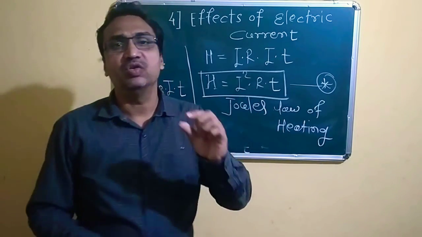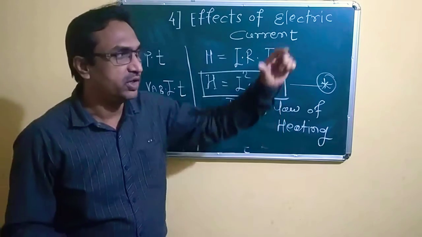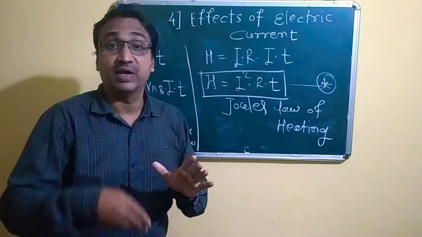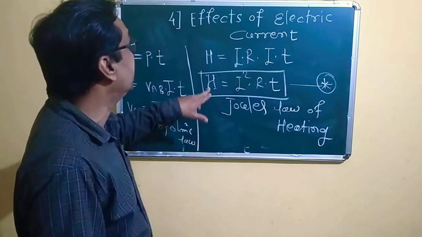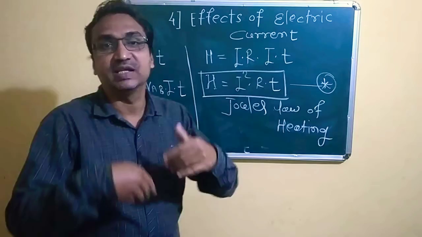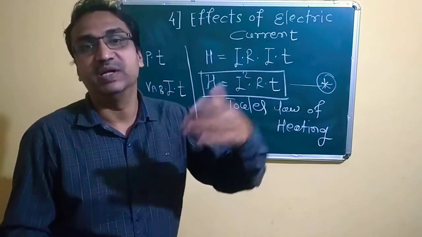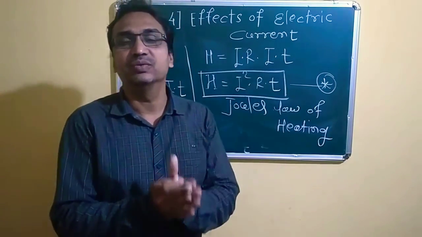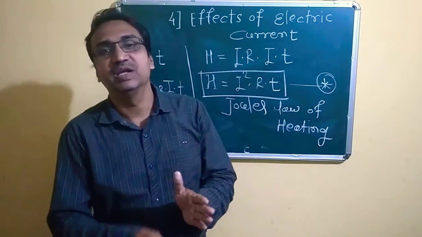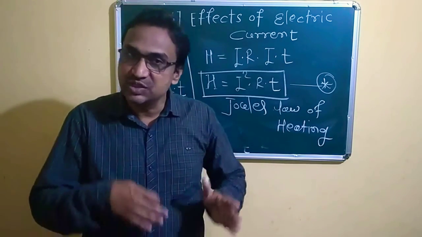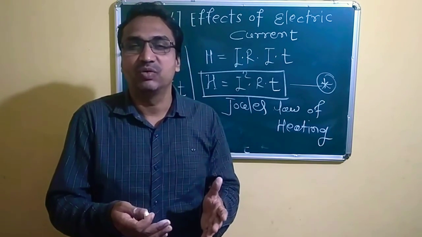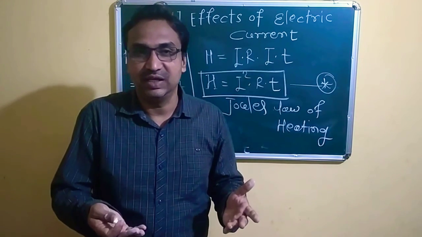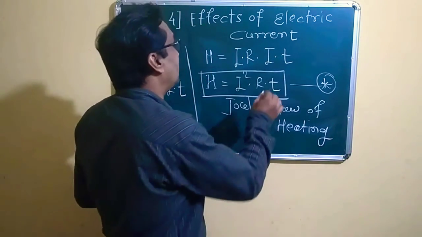If we increase the value of the resistor connected between A and B, the value of R increases, and that also increases the heat energy emitted by the resistor. And if we increase the time from 5 minutes to 10 minutes, more heat energy is produced, so it depends on time T also.